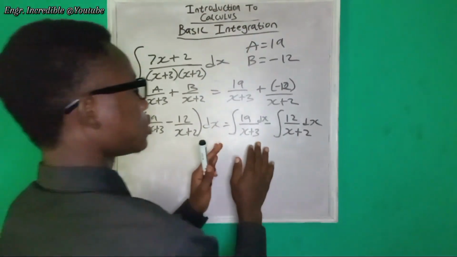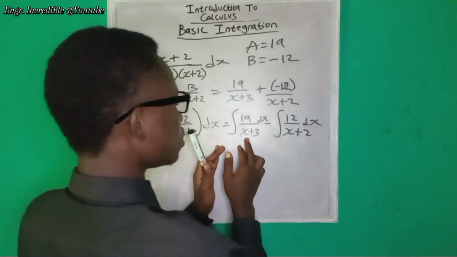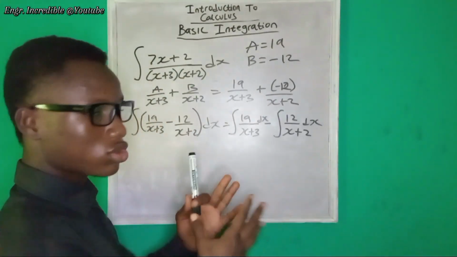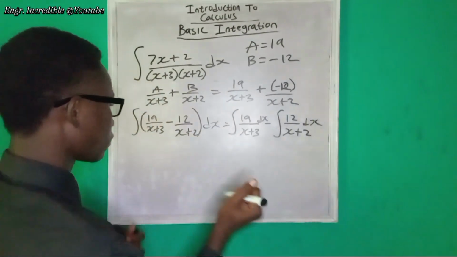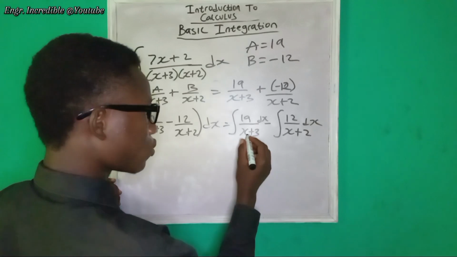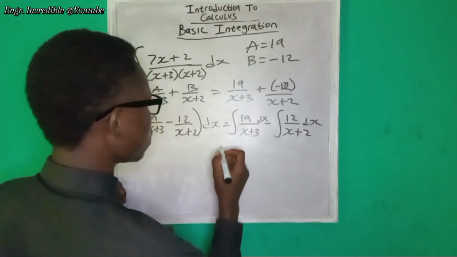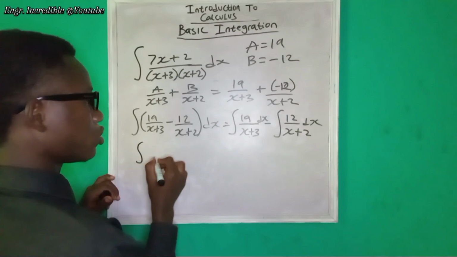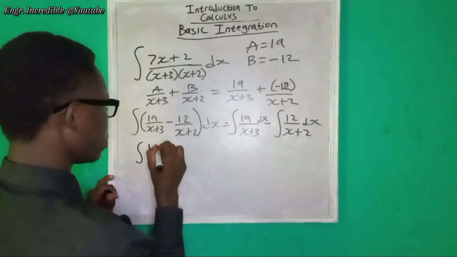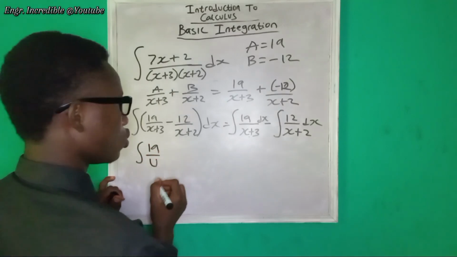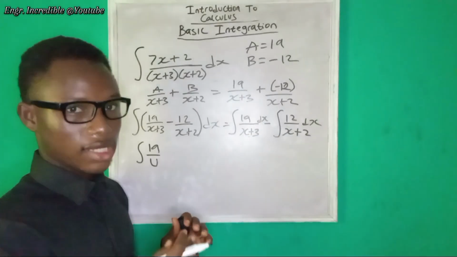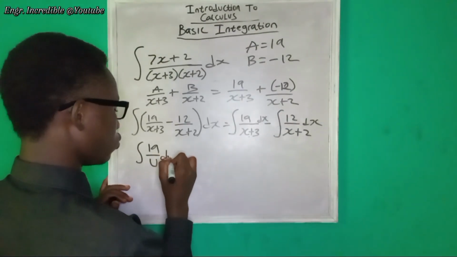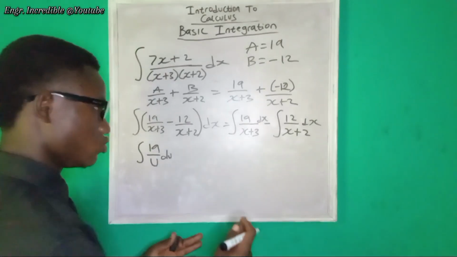So when integrating this, we are going to call this u1 and this one u2, so that we do not misplace the letters. So we have u1 equal to x plus 3, u2 is equal to this. We will end up getting the integral of 19 over u1, but our dx is the same thing as du, so we have du1.